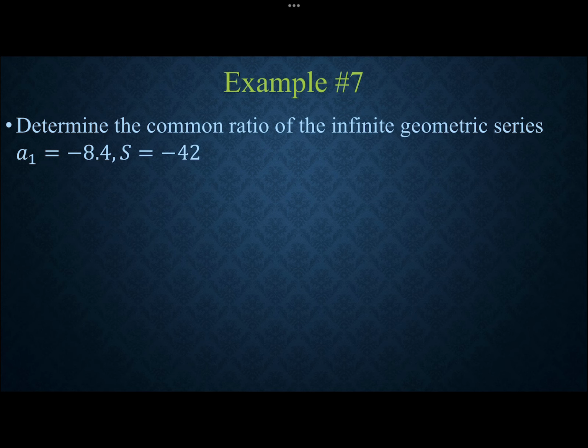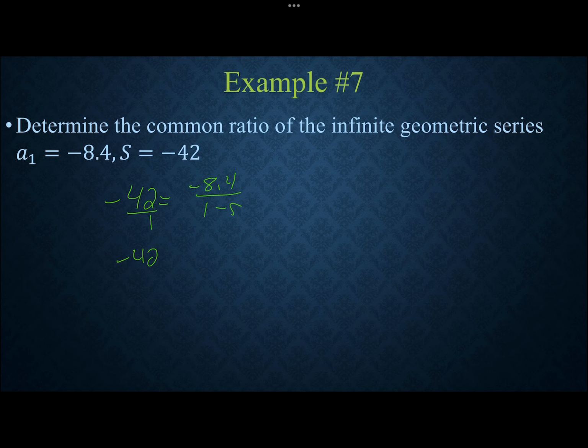Now, if they give us the infinite sum and tell us the first term, we can work backwards to find what the value of r was to create that. So working with our formula, that means negative 42 equals a1 over 1 minus r. Sorry, pen died there for a second. For some strange reason, it turned off despite literally being just used. So we're going to put the negative 42 over 1 to cross multiply.